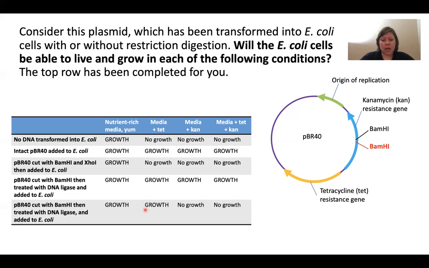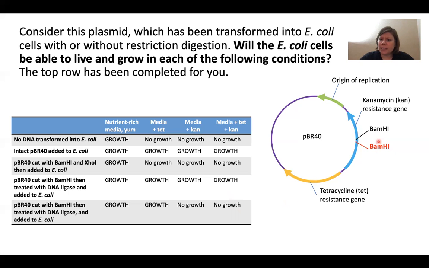So in this case, our cells would be able to grow in the presence of tetracycline, but not grow if there was any kanamycin present in the media. So in this final condition here, even though the cells would be able to live in the presence of tetracycline, because there's additionally kanamycin here, they would still die.